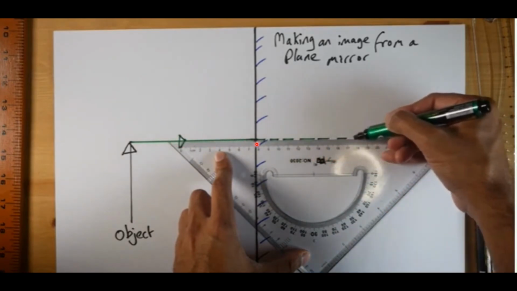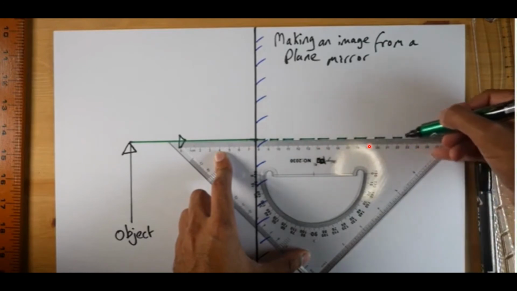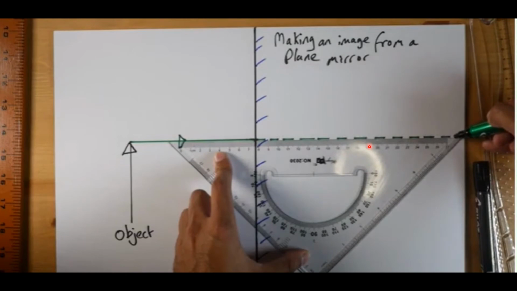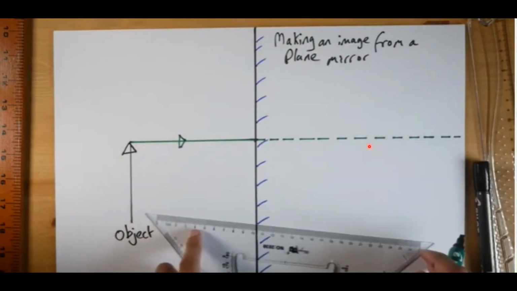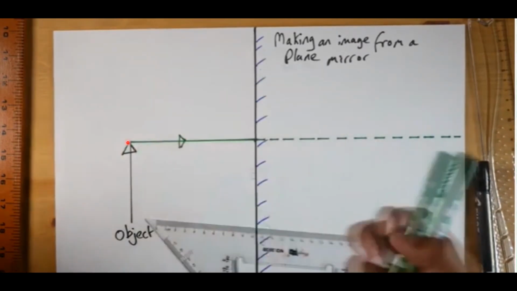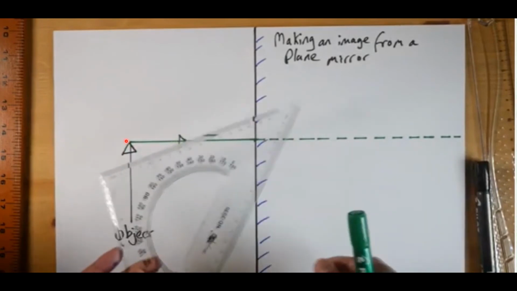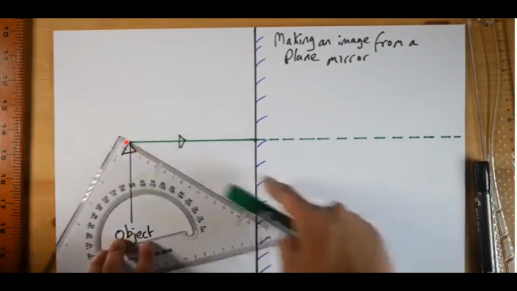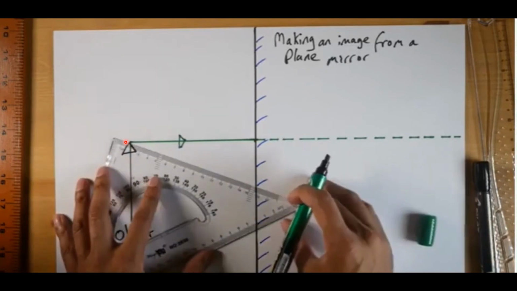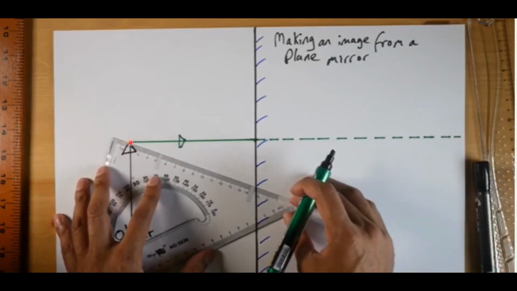You have to extend the reflected ray into the mirror using dotted lines like this, and then draw the second incident ray that comes from this same point onto the mirror. You can draw it at any angle. So this is how you should draw the second incident ray from this arrowhead.